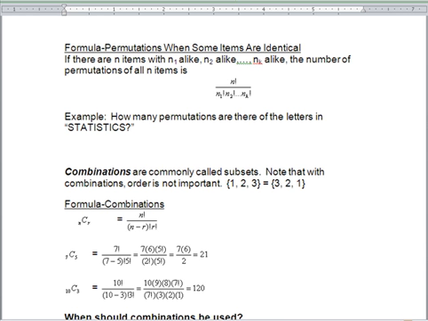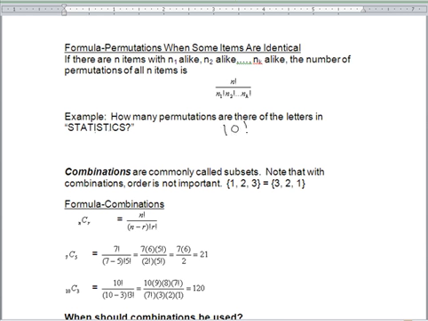So for example, if we're considering how many permutations there are in the letters of statistics, and notice I've used all uppercase, so some of the letters look alike. What we do first is count the number of letters in statistics: 1, 2, 3, 4, 5, 6, 7, 8, 9, 10. That goes in the numerator as a factorial.